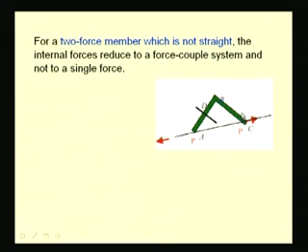For equilibrium to exist, we know that these two forces have to be collinear. So, let us take a section D and draw the free body diagram of this portion AD. We consider this portion AD.